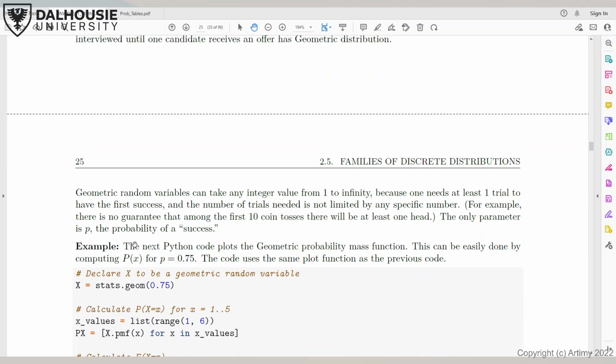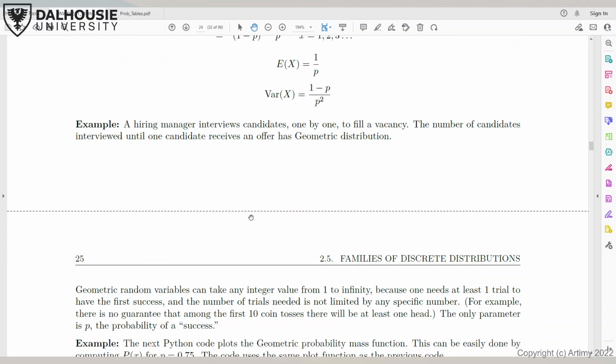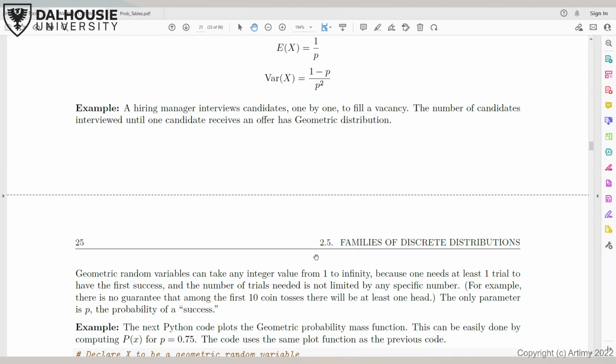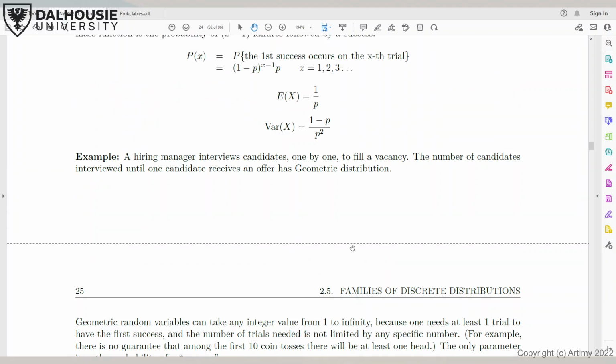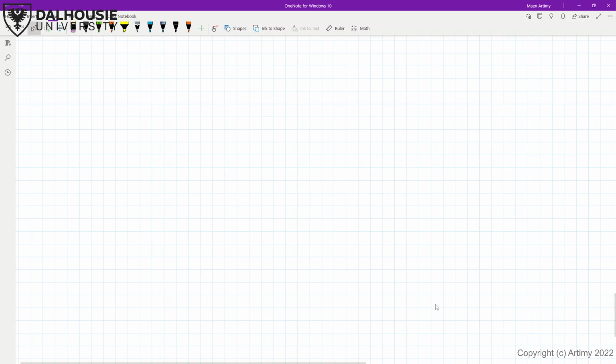This is actually not a real example because we weren't given specific numbers, but let's turn this example into a specific example with some numbers. Let's assume that in a market where good candidates are hard to get by, the probability of succeeding is 0.1.